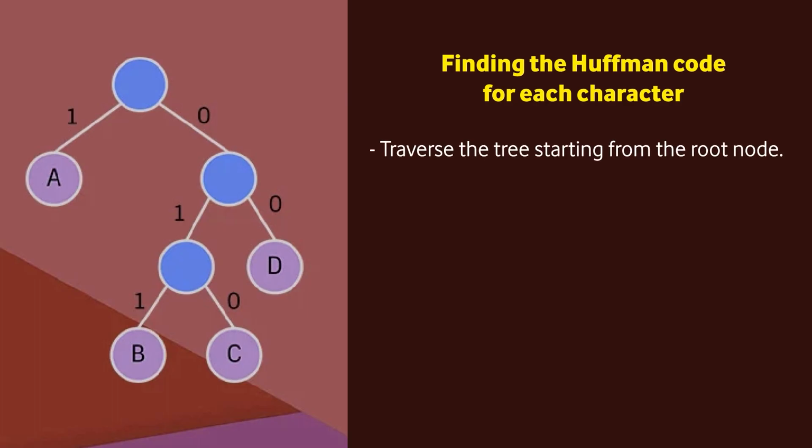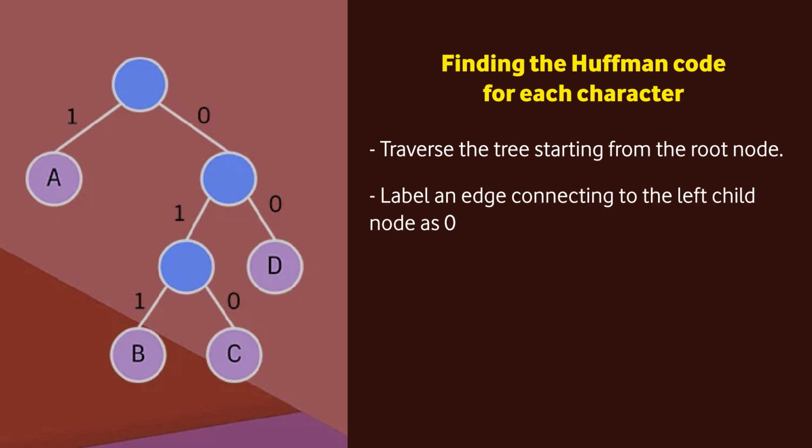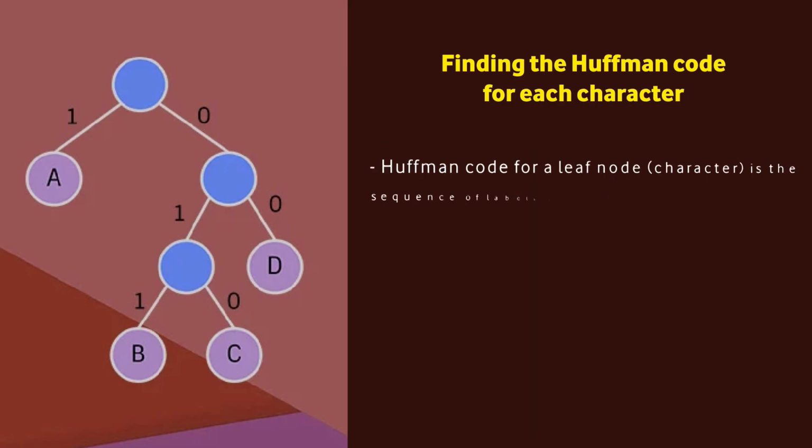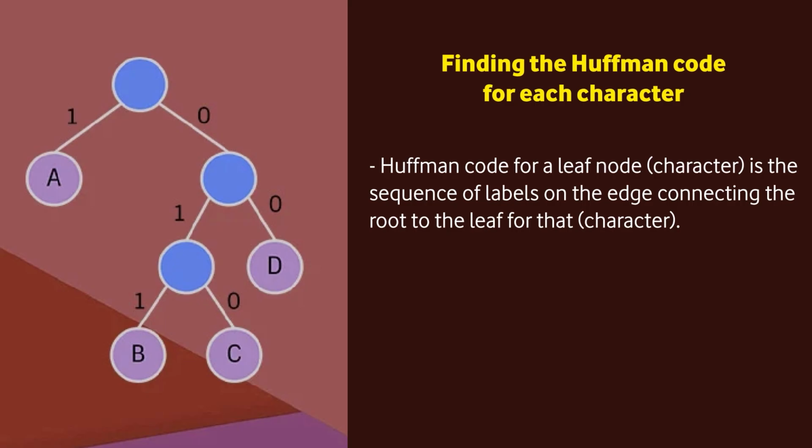Traverse the tree starting from the root node, label an edge connecting to the left child as 0, label an edge connecting to the right child as 1, traverse every leaf node in the tree, right. Huffman code for leaf node character is the sequence of labels on the edge connecting the root to leaf of that particular character. Seems very complicated, but it is very simple when we go through the example.